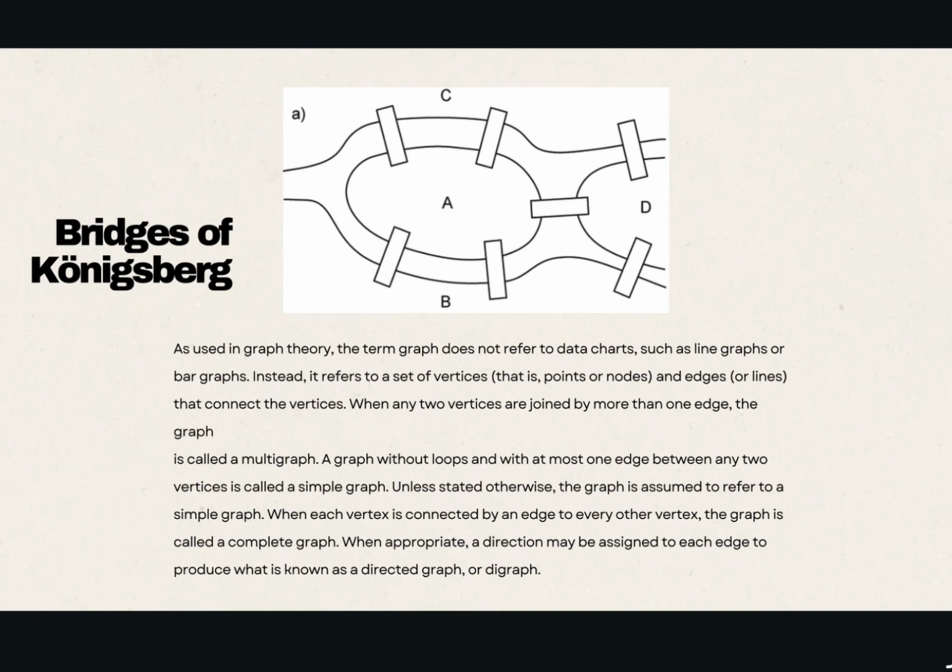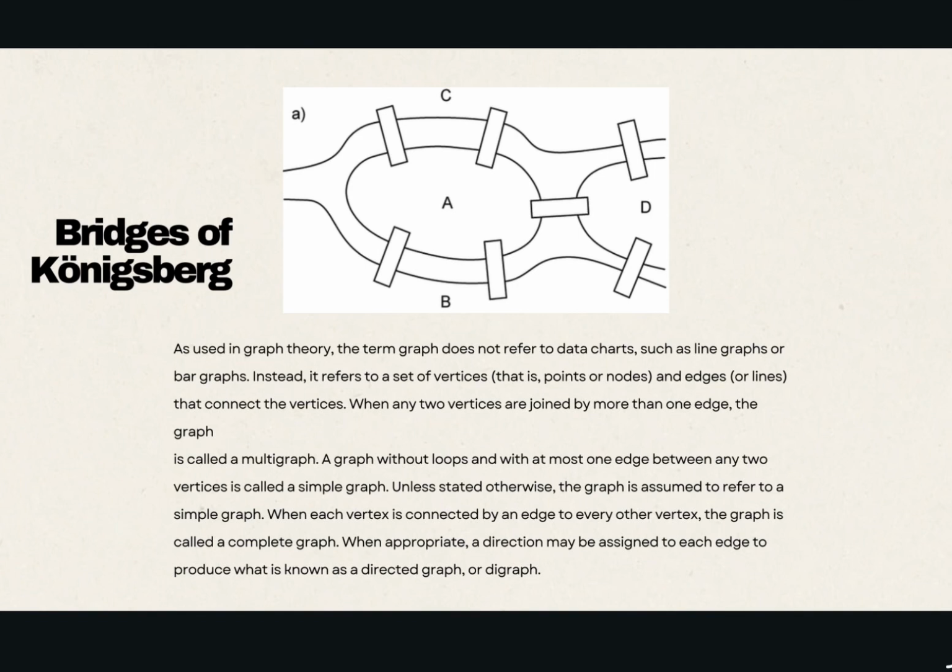As used in graph theory, the term graph does not refer to data charts, such as line graphs or bar graphs. Instead, it refers to a set of vertices and edges that connect the vertices. When any two vertices are joined by more than one edge, the graph is called a multigraph. A graph without loops and with at most one edge between any two vertices is called a simple graph.